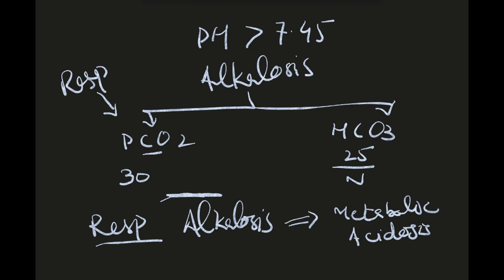So the body will respond with the metabolic component of acidosis by lowering down the bicarbonate levels in the blood to counter this respiratory alkalosis. The bicarbonate levels will drop down, for example, towards 20 or 19, by removing this bicarbonate from the blood.